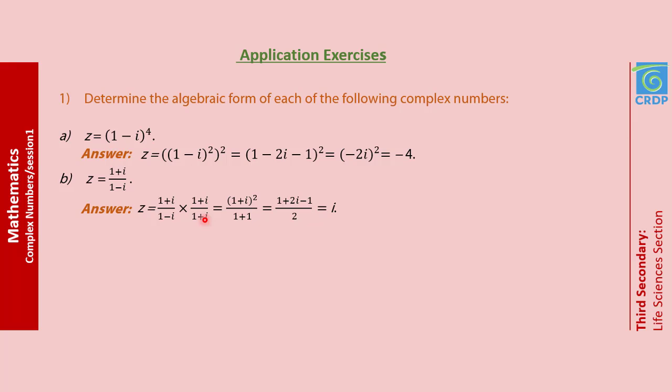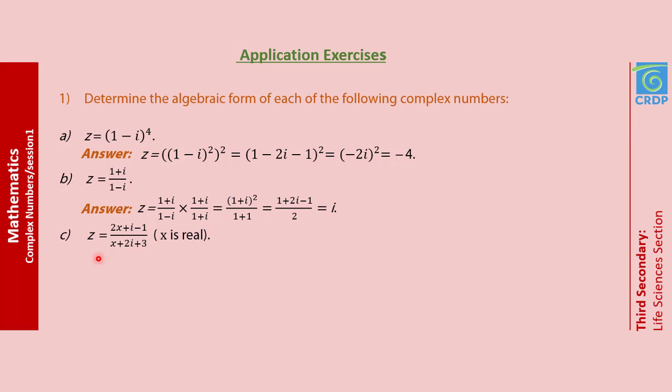I squared is equal to minus 1. Then the denominator will be 1 plus 1. So 1 plus I squared equals 1 plus 2I plus I squared, which is equal to minus 1, over 2. 1 minus 1 is 0. We obtain 2I over 2, which is equal to I.